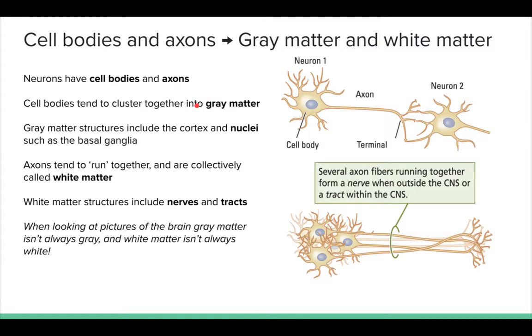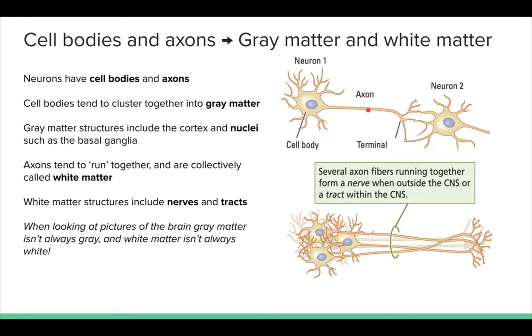And throughout the brain, the cell bodies tend to cluster together, and when they cluster together on the outside of the brain, it tends to form the cortex, which we've talked about. They also happen to cluster together on the inside of the brain, and they form what are called nuclei. So both nuclei and the cortex contain what is called gray matter. So when you hear gray matter, think the cell bodies of neurons in the brain.